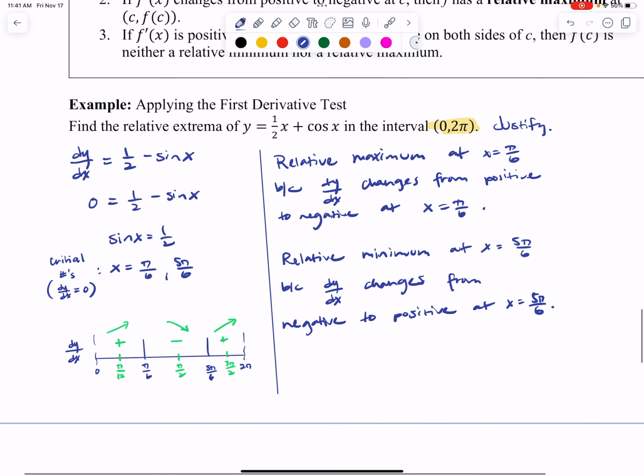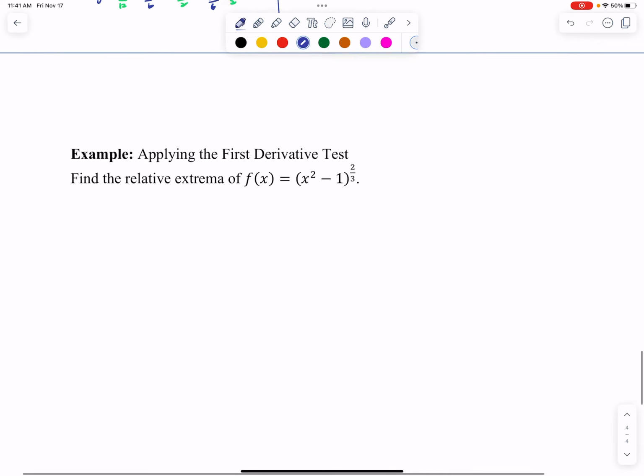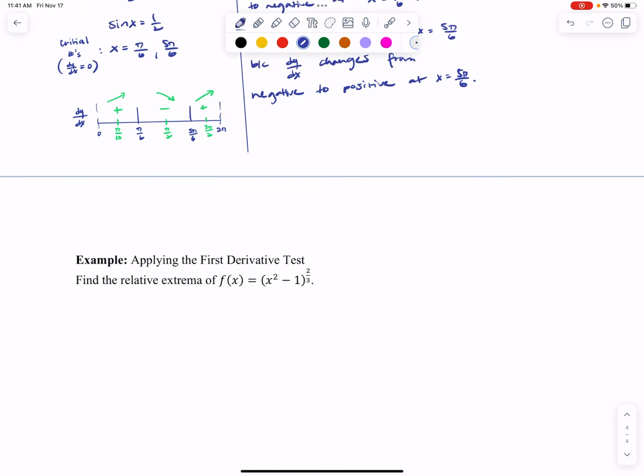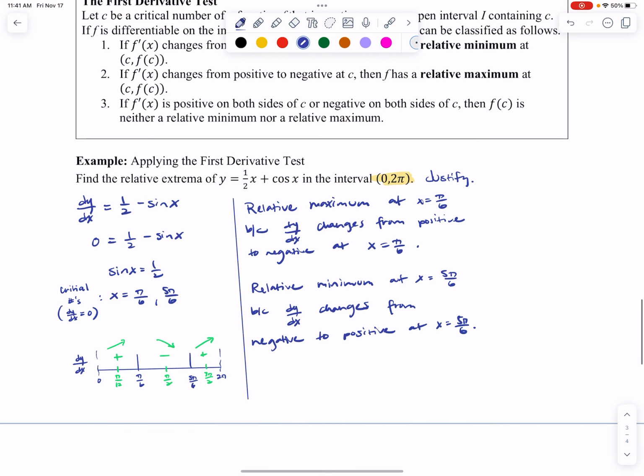Okay, so we identified our relative extrema, and then we also did justification. Same process of the first derivative test. So this whole thing was the first derivative test, FDT.